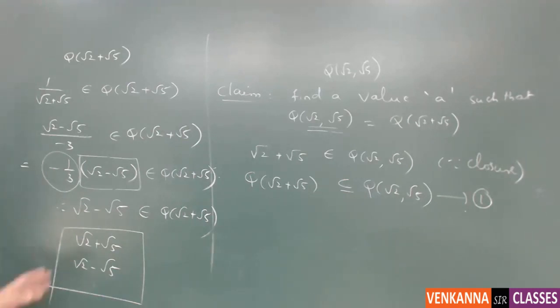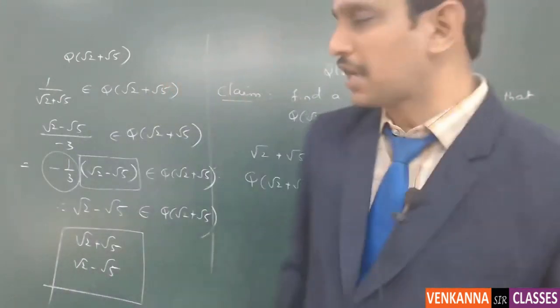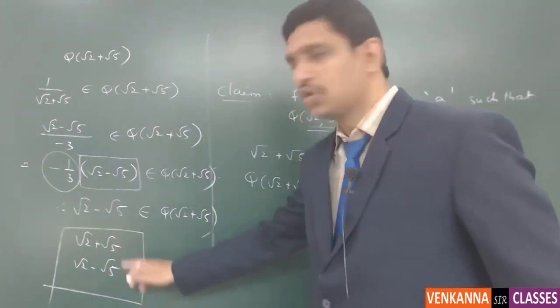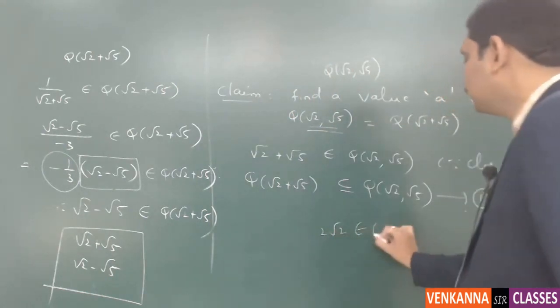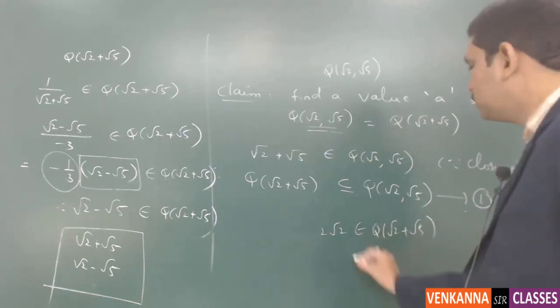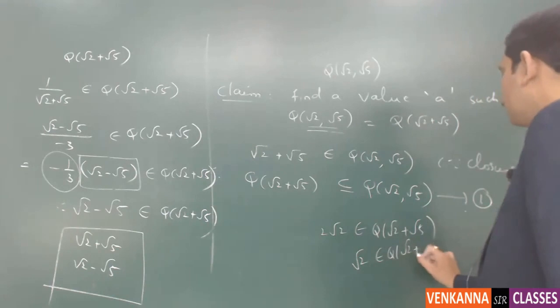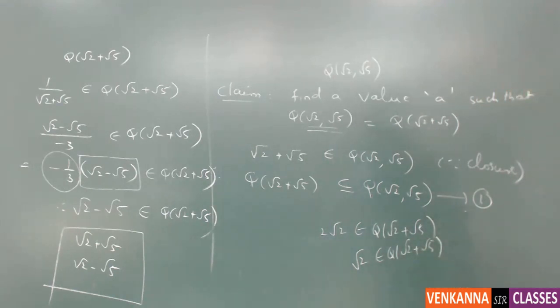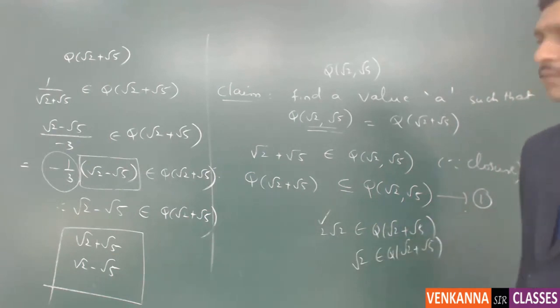So whenever you have the values there, you can perform addition as well as subtraction. If you add the two values, you will get 2 root 2 belongs to Q of root 2 plus root 5. From this you can say that root 2 belongs to Q of root 2 plus root 5, because by default this is a value, hence obviously it should belong to this.